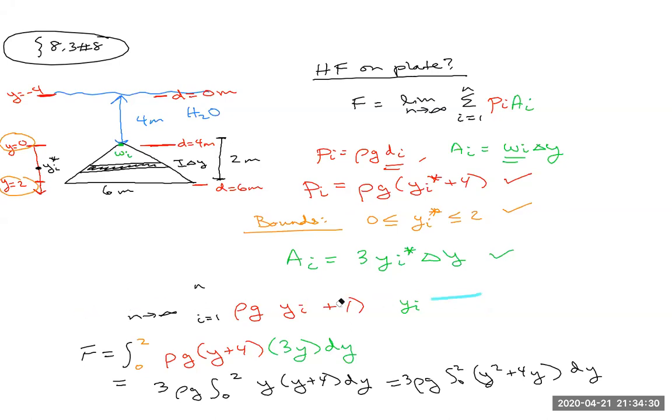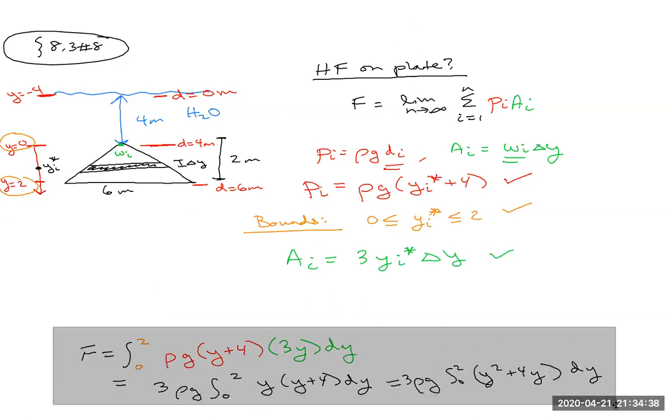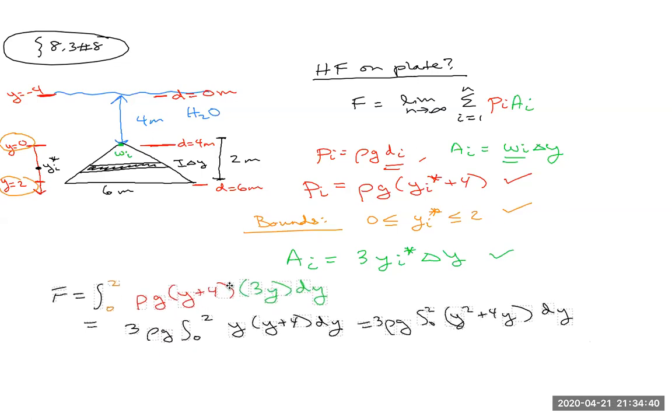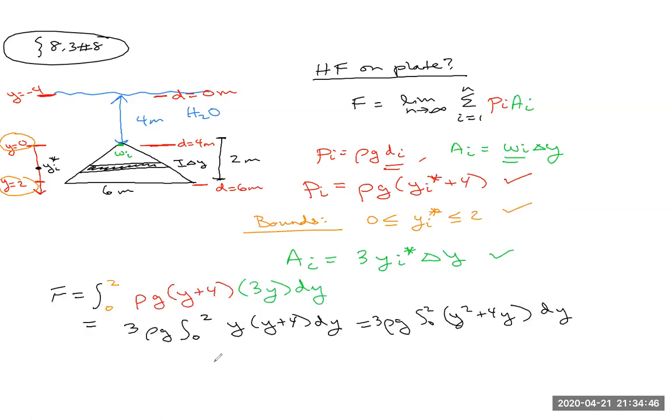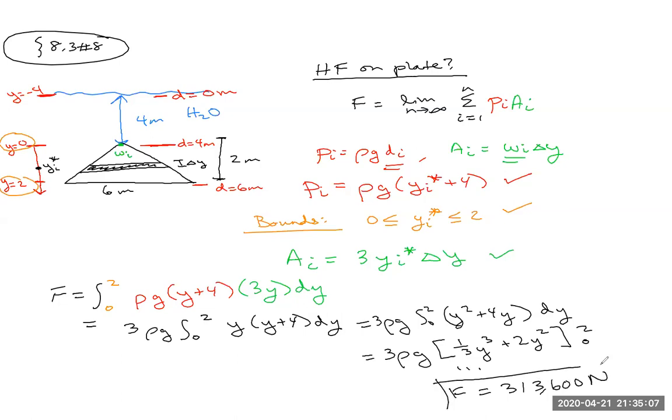Erase. Okay, so that equals 3 rho g times 1/3 y to the third plus 2y squared from 0 to 2, dot dot dot. Force comes out to be 313,600 newtons.